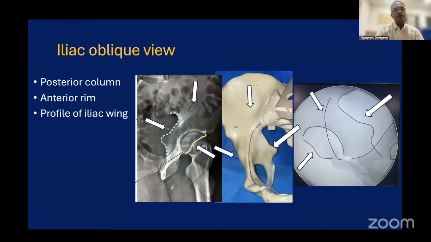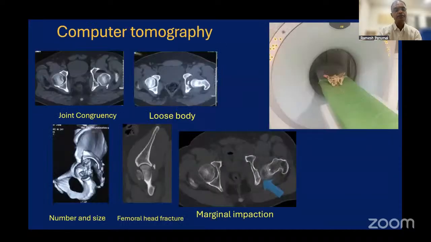In a similar way, in the iliac view, we can get 3 findings. One is the ilioischial line and the anterior rim, and also the profile of the iliac wing. Sometimes the fracture line might be extending up to the ilium, so the profile of the fracture pattern of the iliac wing is also seen in an iliac view. So these are the 3 findings which you can get in an iliac oblique view.